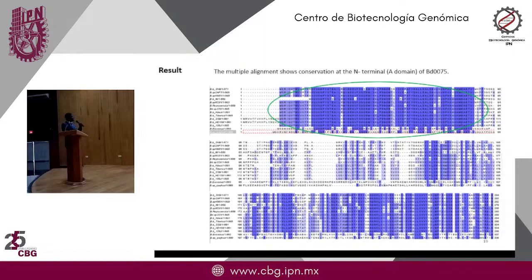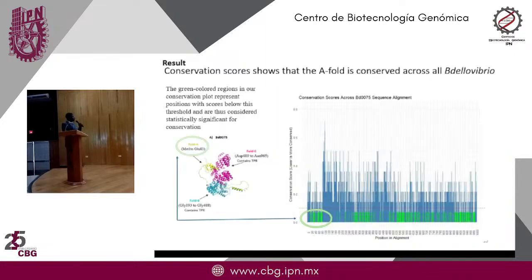We found that the domain A is conserved, but it has no known functional domain. So we did another analysis to show the conservation of this domain A.